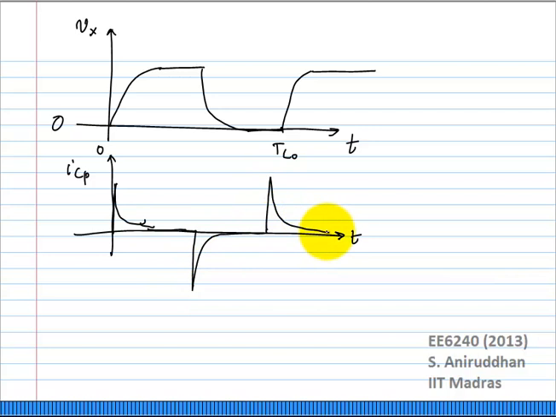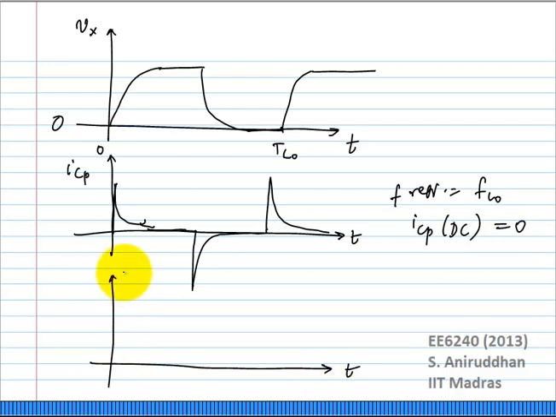And so on. So it has a frequency of FLO. Obviously the DC current through the capacitor should be 0. So it has a 0 DC value.